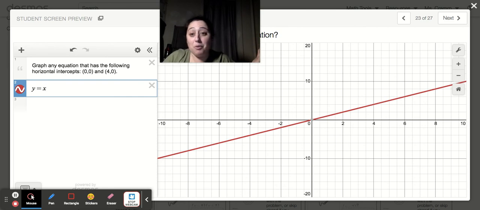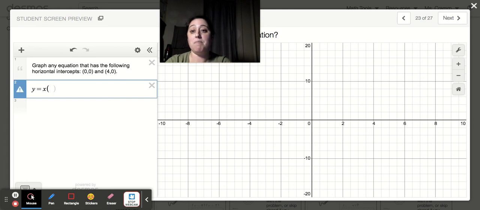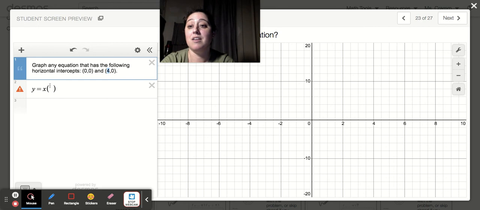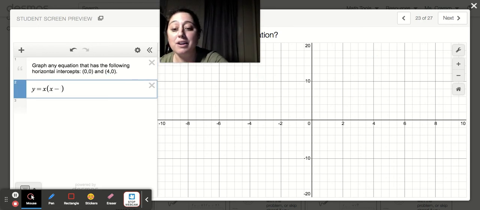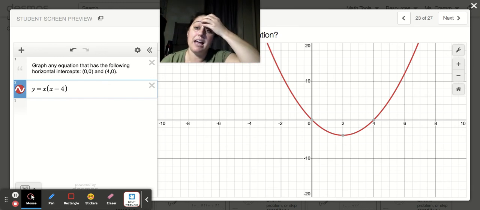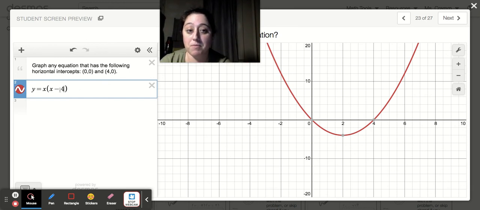You could put it in its own parentheses, but I'm just leaving it like that. And then here we have a 4 for the x. So if x is 4, I'm going to subtract 4 from it to get a +4 intercept. Okay, so I look over here, 0, 0, 4, 0.